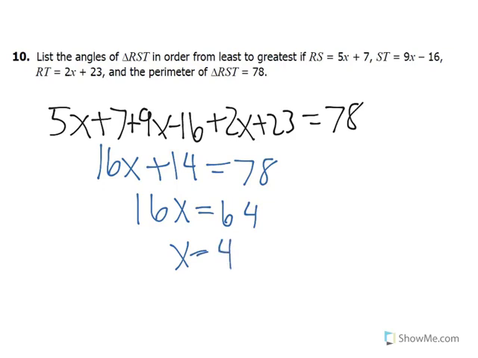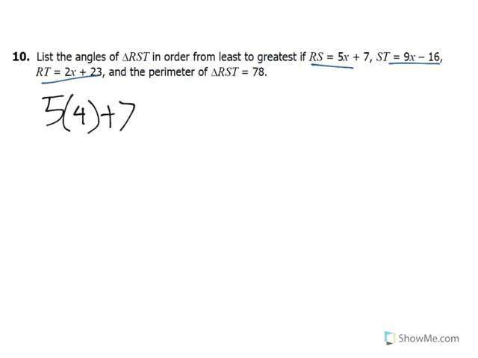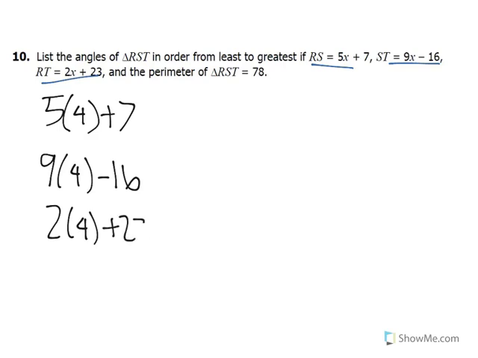Now that I have my x value, we're going to plug that into each side so we can figure out the lengths of those sides of the triangle. So we have 5 times 4 plus 7, 9 times 4 minus 16, and 2 times 4 plus 23.